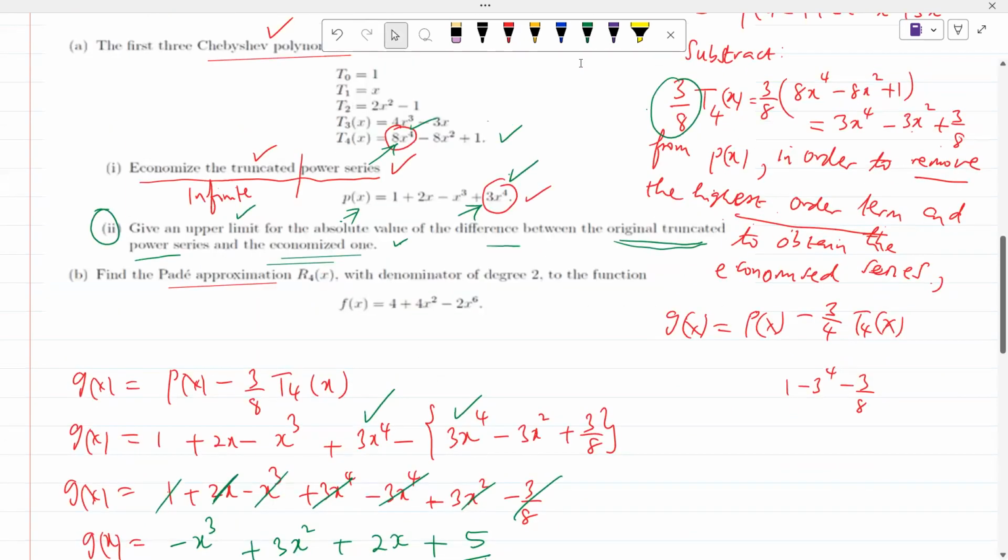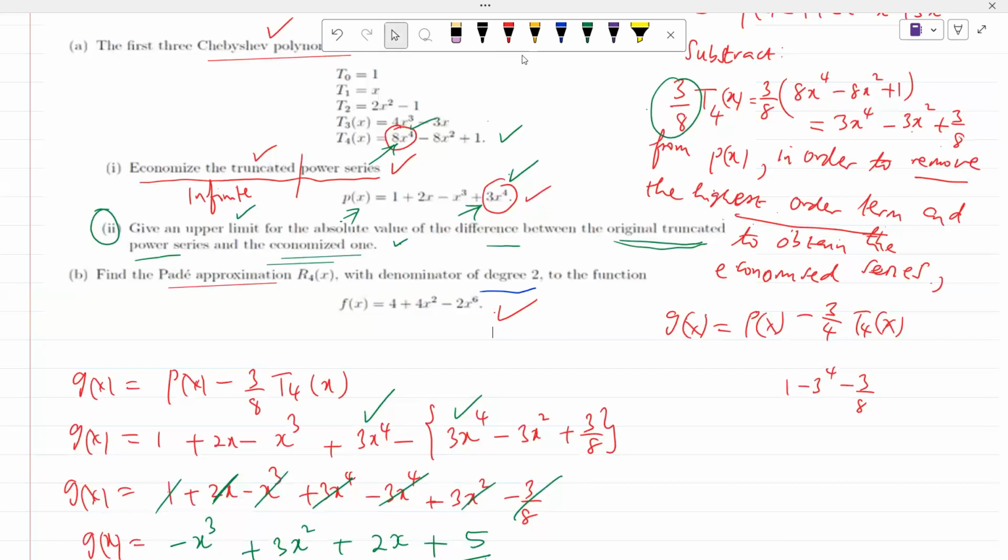Now at this point, you need to be able to find the Pade approximation. Find a Pade approximation R4 of x with a denominator of degree 2 to the function given. So we are effectively saying we need to find the Pade approximation R4 of x with the denominator of degree 2.